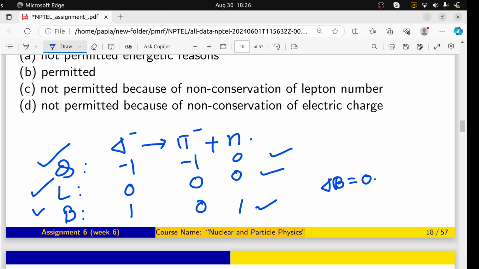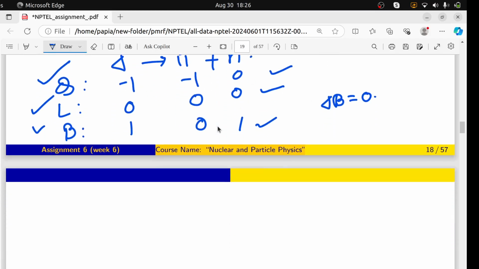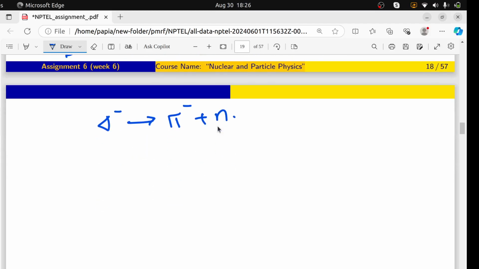Now the second question is, is it permitted or not? As these three are already satisfied, we will check the energy conservation. For energy conservation, we have to see the mass. Mass of delta minus should be greater than or equal to mass of pi minus plus mass of n.